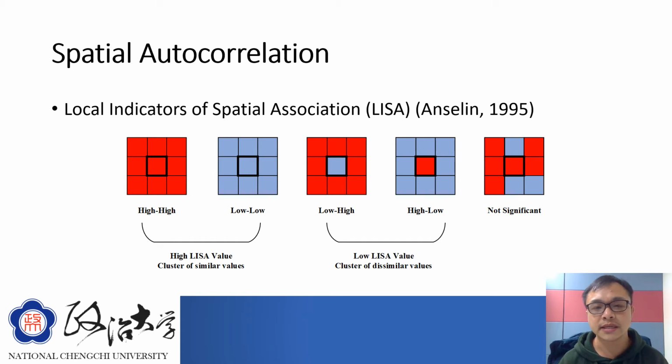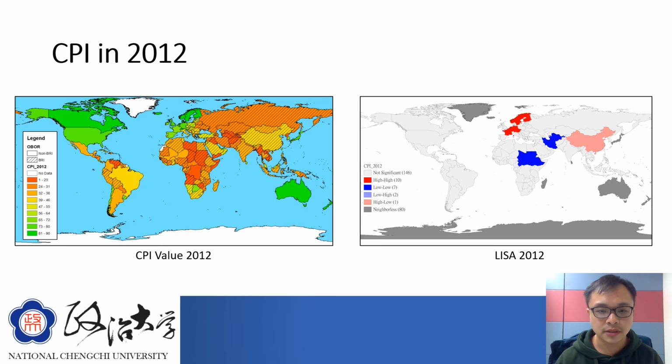So spatial autocorrelation explains a country's relation with its neighbors. That's basically what it's trying to say, and I will use this in my research. Next page, we will see the outputs.